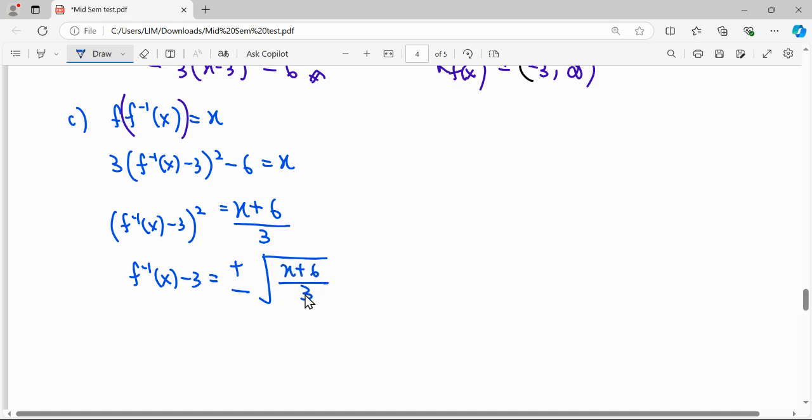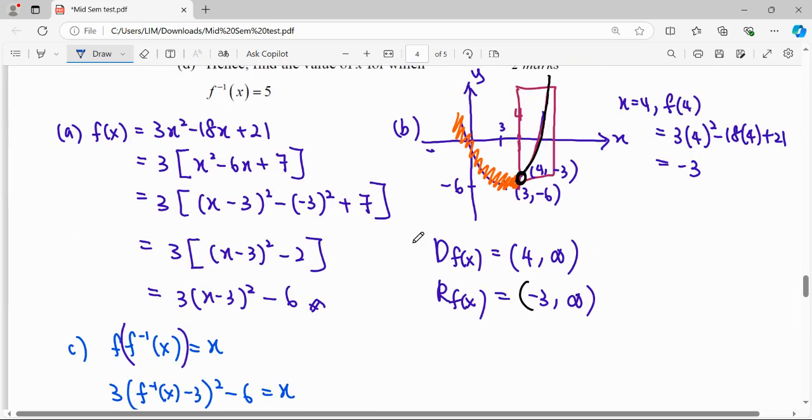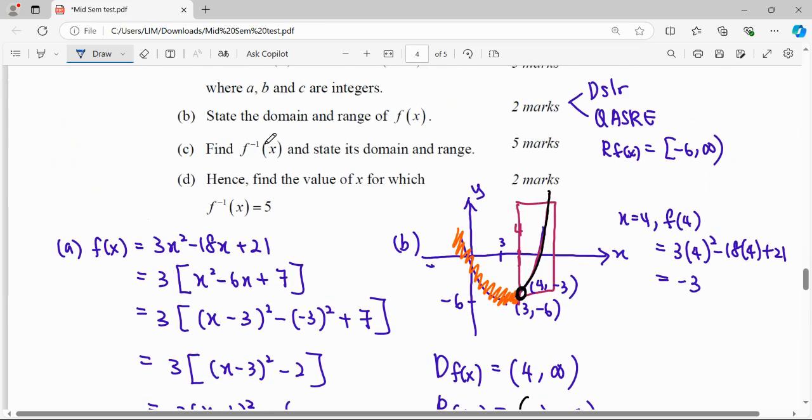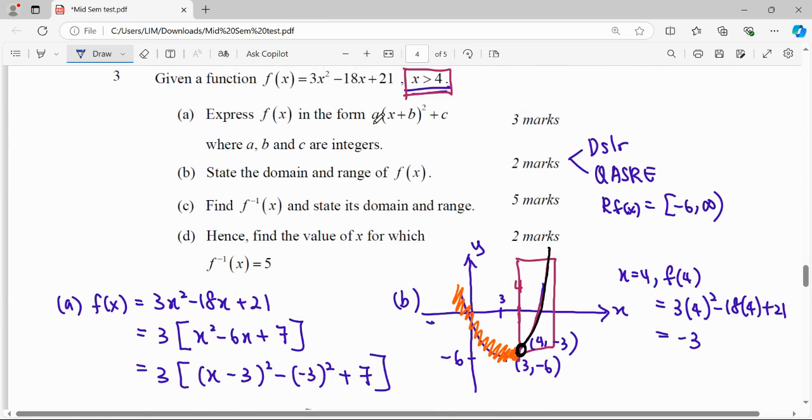Of course, we're not going to accept both answers, because if you take the whole quadratic, it will not be a one-to-one function. Definitely the inverse will not exist. Therefore, this question prefers to use a one-to-one function where the domain starts from 4.